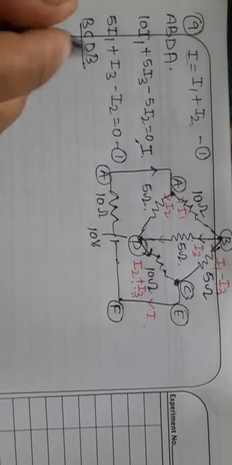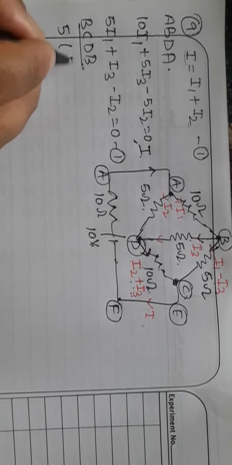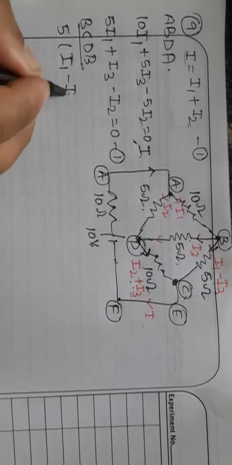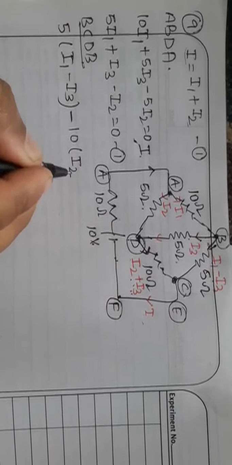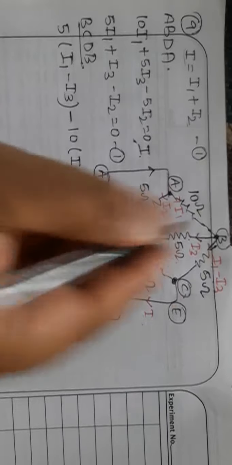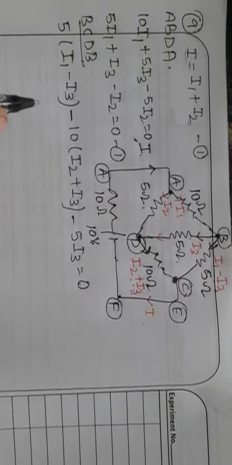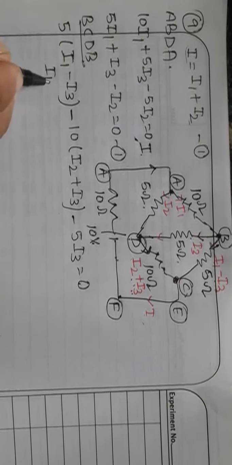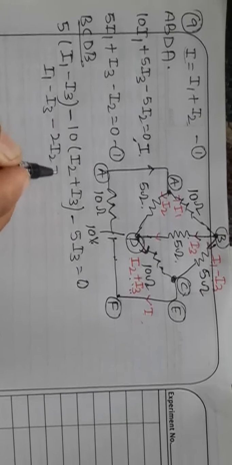Similarly, take the loop BCDB. It will be 5 bracket I1 minus I3, come to this side, minus 10 bracket I2 plus I3, move to this side, minus 5 I3 equal to 0. Divided by 5, we are left with I1 minus I3 minus 2 I2 minus 2 I3 minus I3 equal to 0.